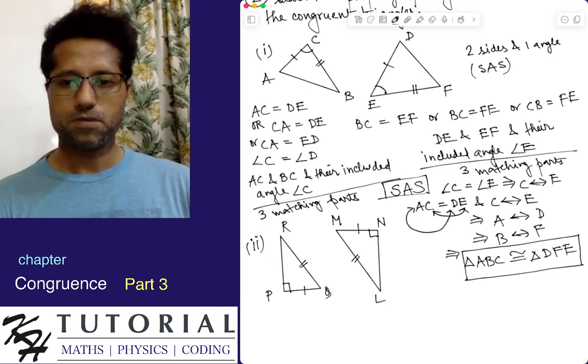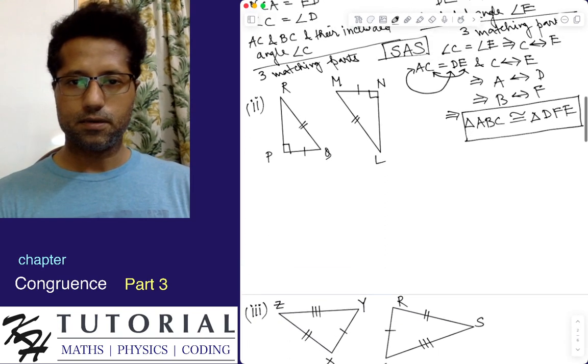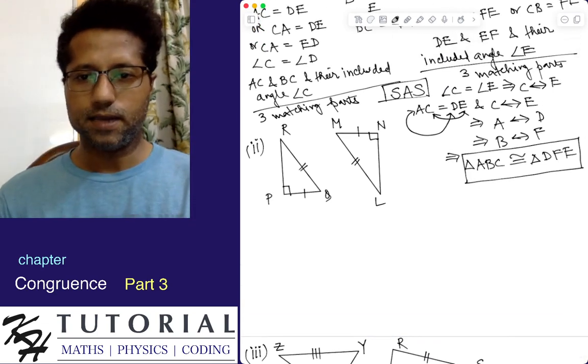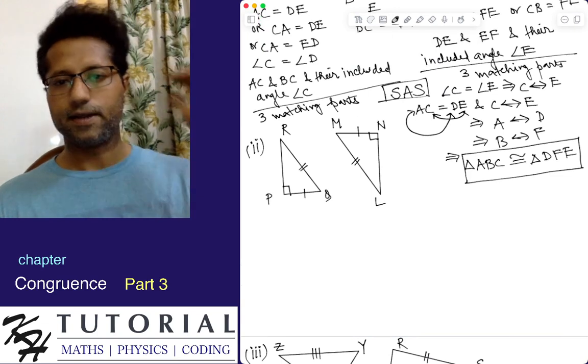Okay, let's do part 2. In part 2, this is about two right angle triangles.